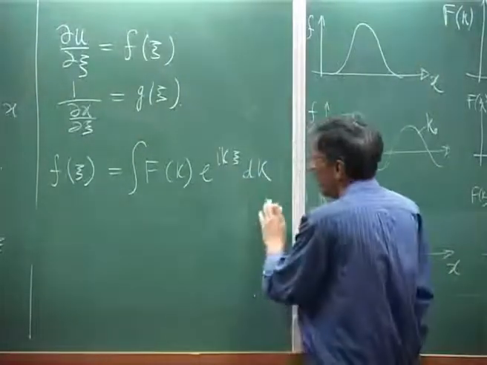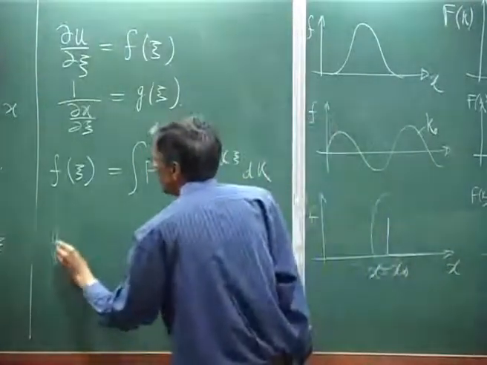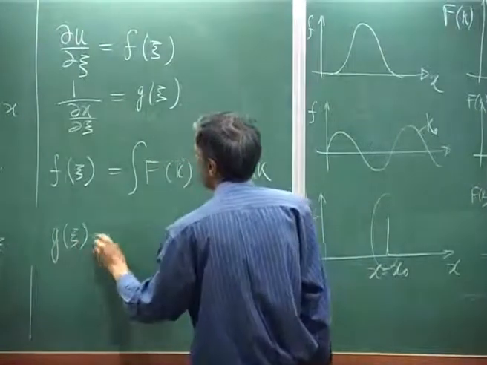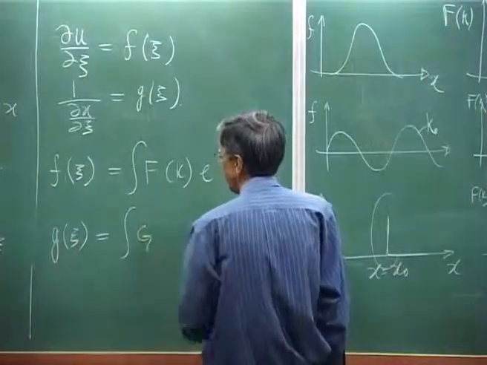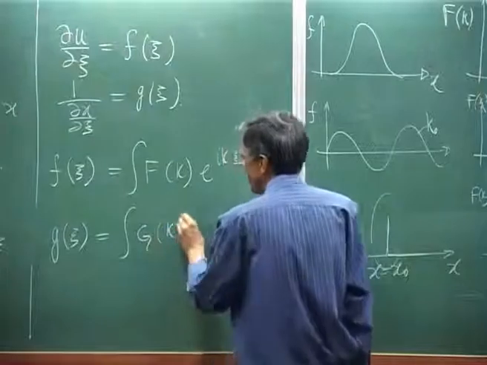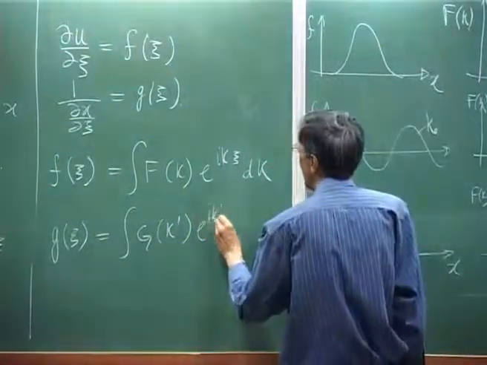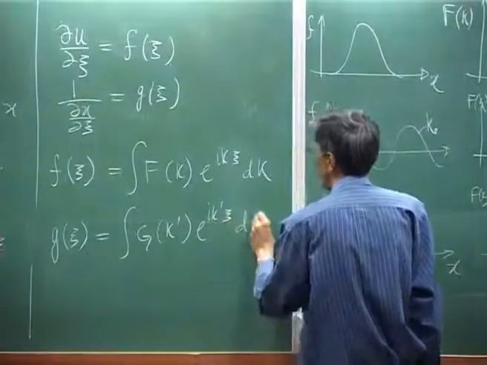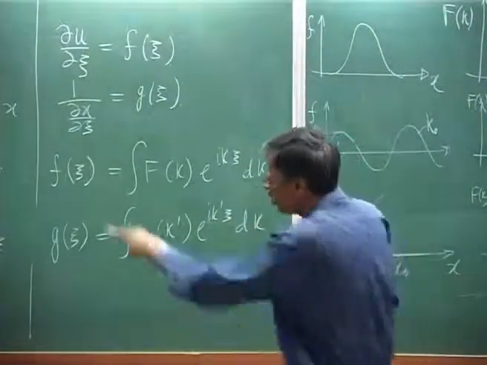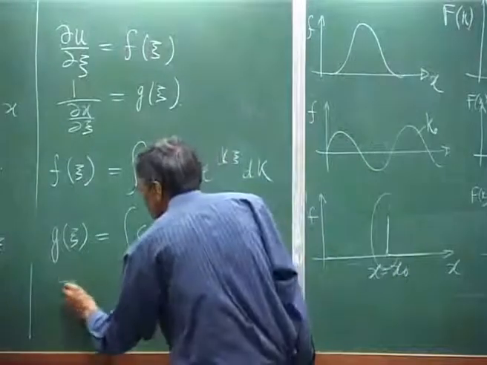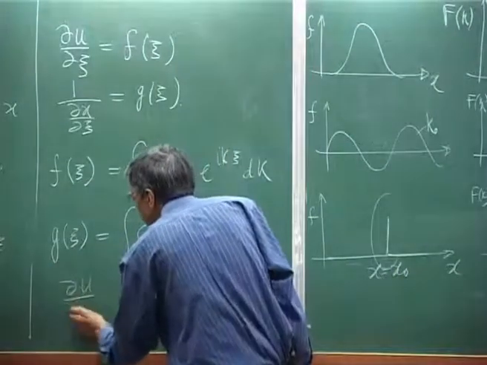That is the definition of Fourier transform. Let us write this as, well, with a dummy variable, I change it to g k prime and e to the power I k prime xi dk. Now, what we are trying to do there, we are trying to solve an equation of this kind.